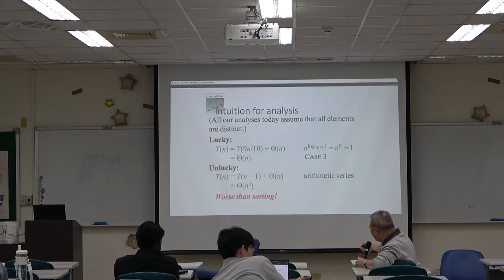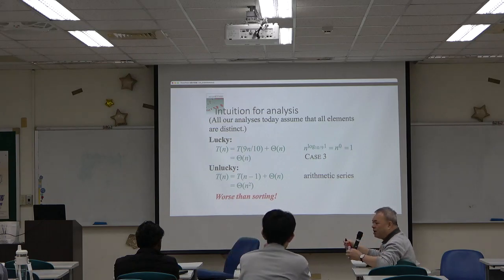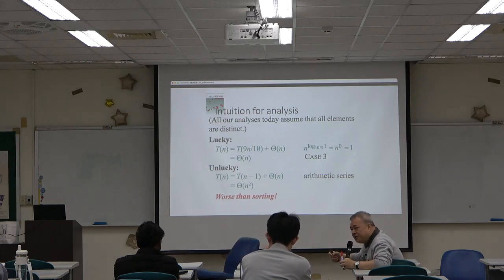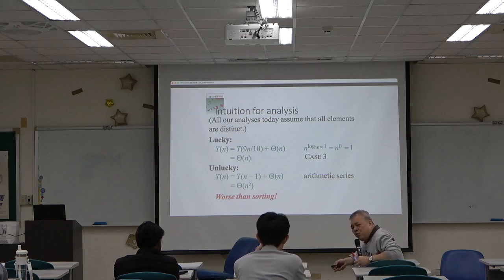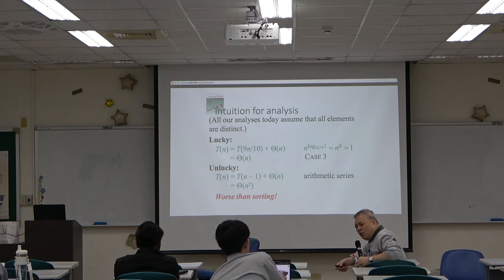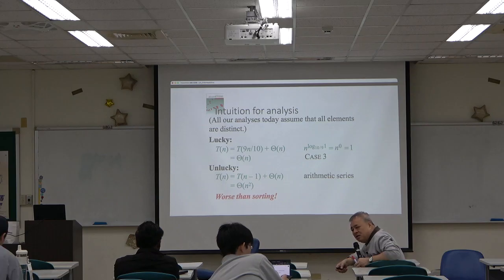If it's unlucky, then every time we can only get rid of one number, so it becomes an arithmetic series. So it's theta n squared. If it's theta n squared, it's worse than sorting, worse than that naive approach, because the naive approach is n log n.